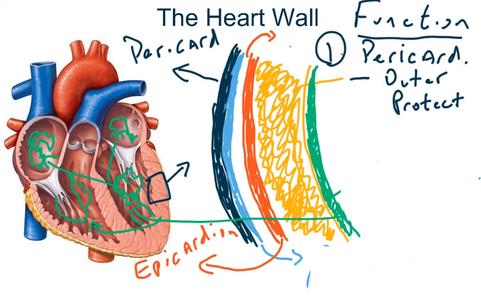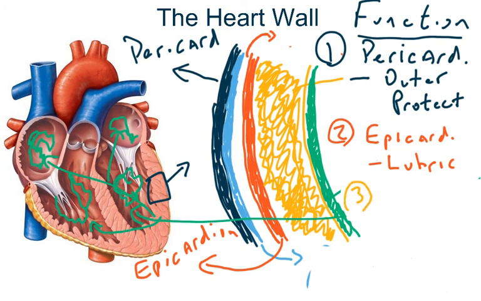Second is the epicardium. And it is for lubrication. Third is the myocardium, which I mentioned before is the cardiac muscle. And its primary function is contraction.